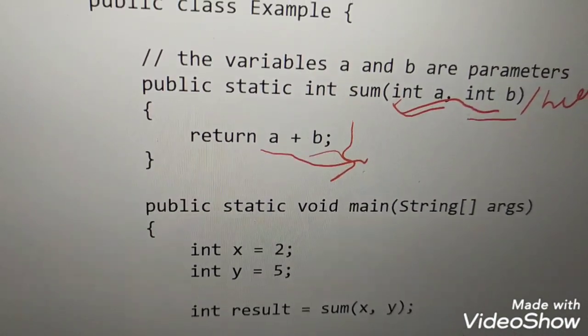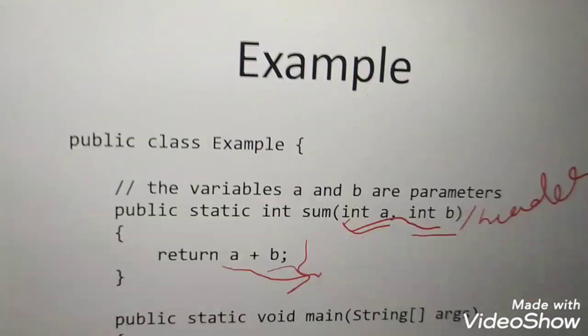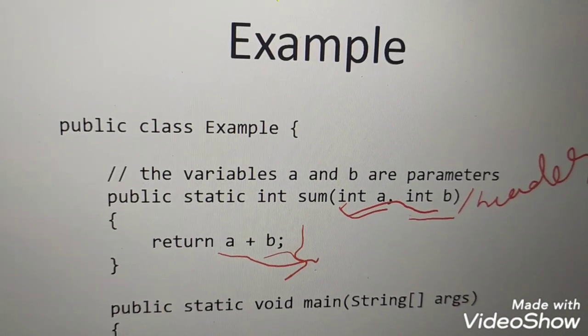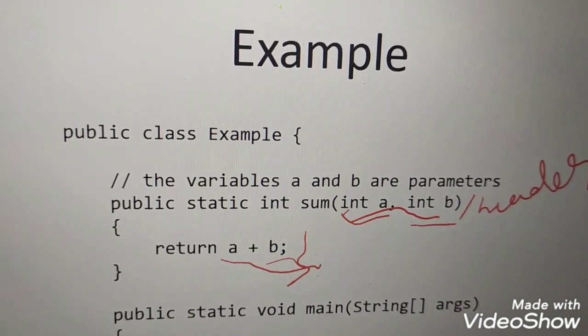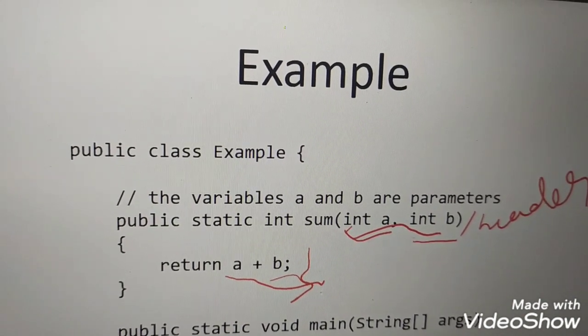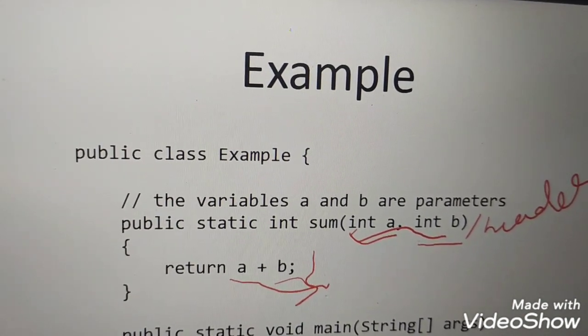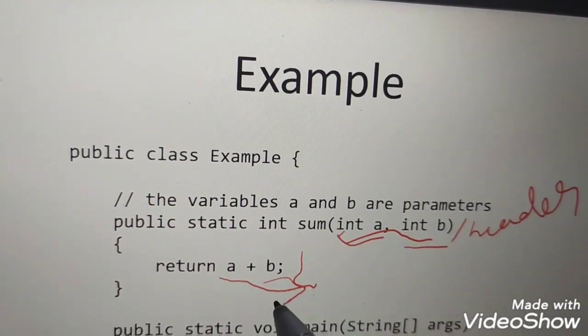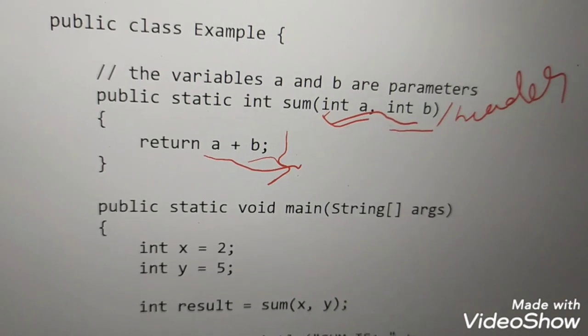Now from these two examples, what we have seen is that the argument and the parameters are bearing the same value, but theoretically, and in the way they are used, they are different. Now you see here, this is the called method and this is known as the calling method.